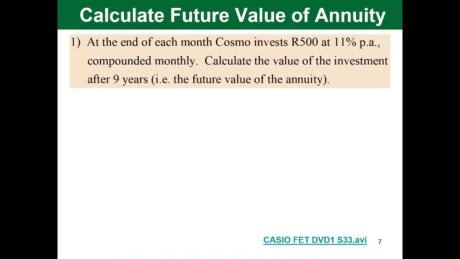There it is. At the end of each month, Cosmo invests 500 Rand at 11% per annum, compounded monthly. Calculate the value of the investment after 9 years. That is the future value of the annuity. Iyobe uyimalini future value i-annuity.